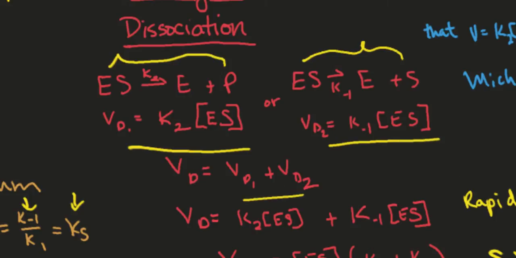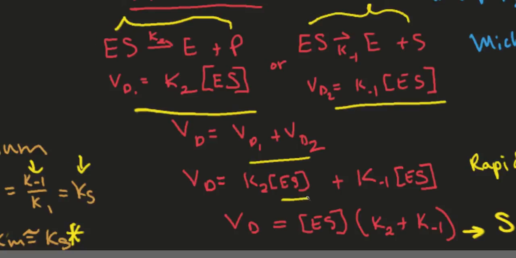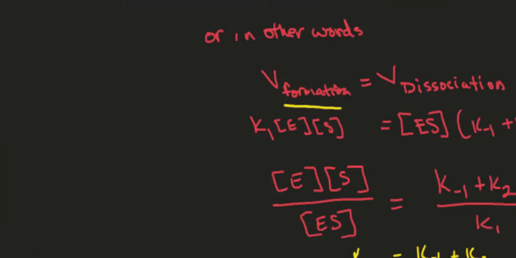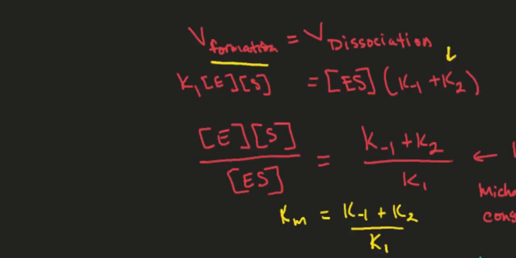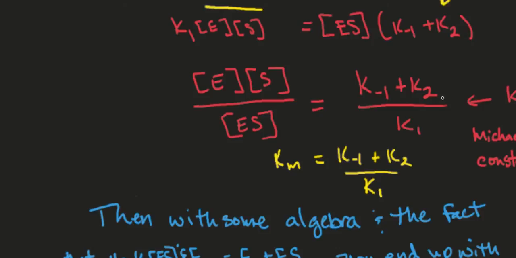If you calculate the sum and factor out the enzyme substrate complex that's common to both, you get this, and that's where that came from here. Derivations aren't that important. This does give you the Michaelis Menten constant when you divide both sides by ES and K1. So you definitely need that formula.